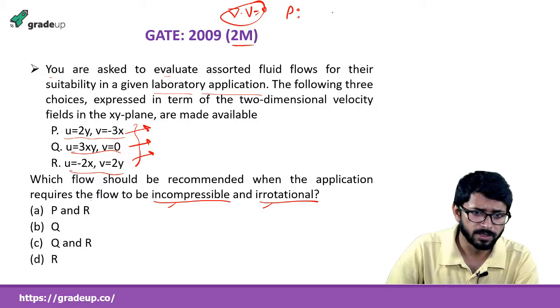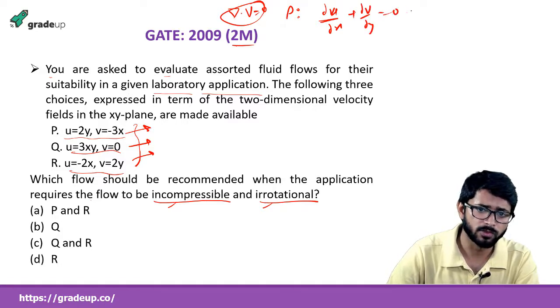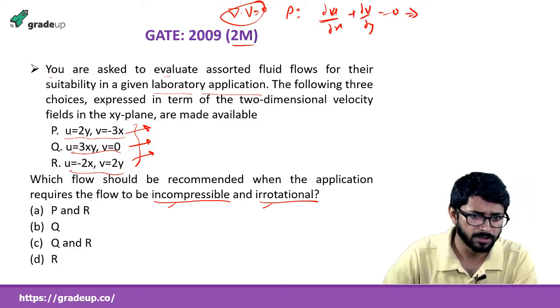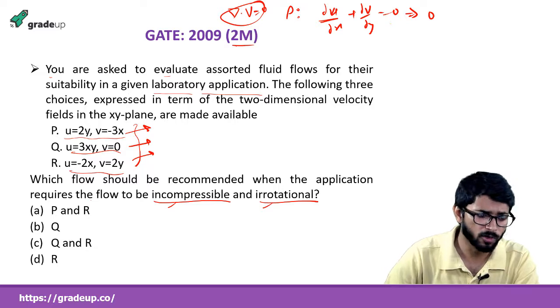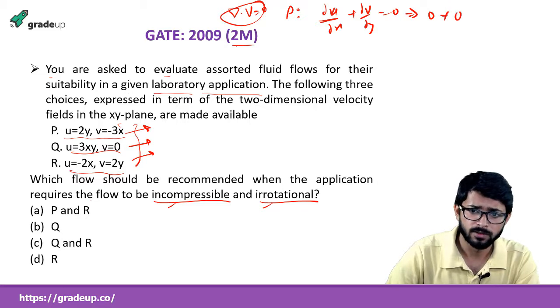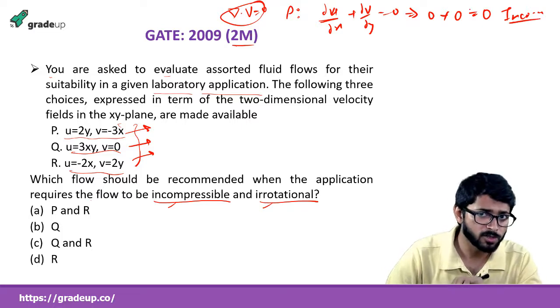So taking del u by del x plus del v by del y equal to 0, let's check if it comes out to be 0. Del u by del x is 0 because no x component is here. Del v by del y is also 0 because no y component is here. So it comes out to be 0. It is incompressible, but we have to check whether it is irrotational also.